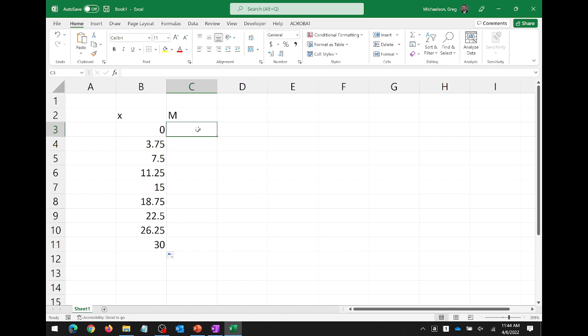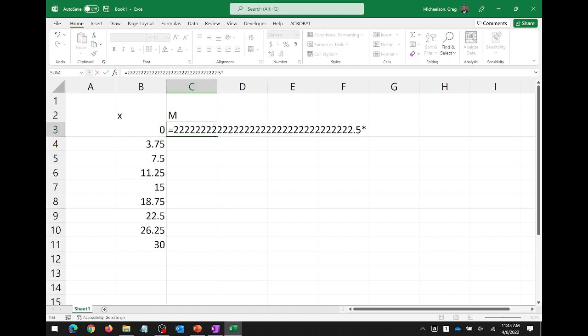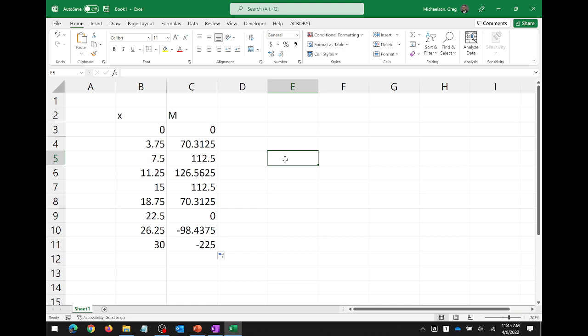And so that is equals, why is it doing that? Okay, you want to be that way? Fine. I think this keyboard's done. It was a very cheap keyboard. The actual native one to the Surface is a lot better. 2.5 times x minus x squared, and we get that, right?